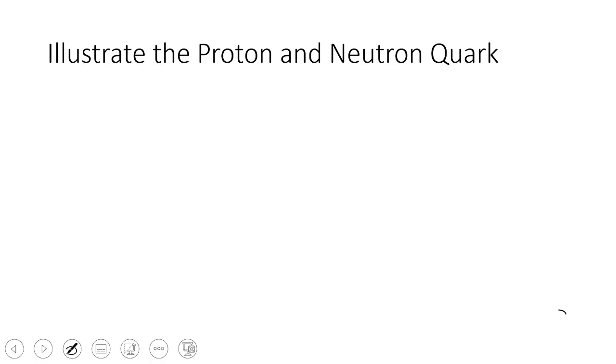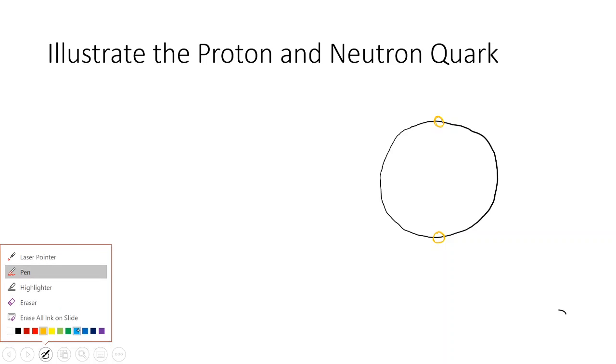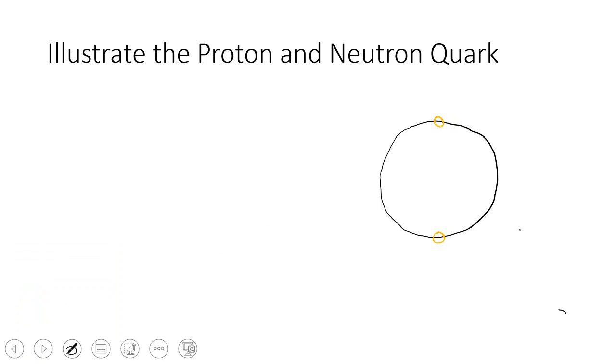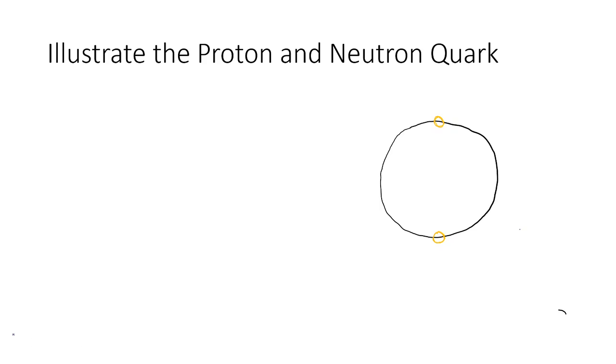So I'm going to go back to the solar system model just for a second. You have to remember that this is not how an atom really works, but outside of the dense central core, you have electrons. Electrons have a charge of -1. Inside, I'm going to represent the nucleus with a couple of purple dots as being protons.